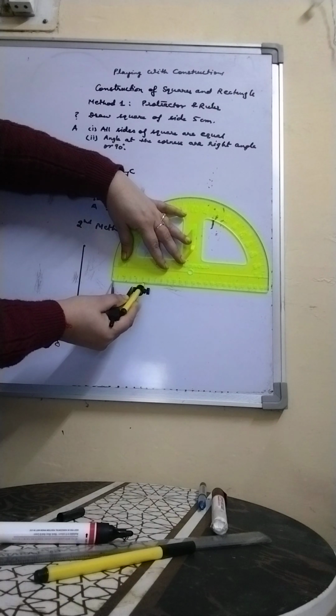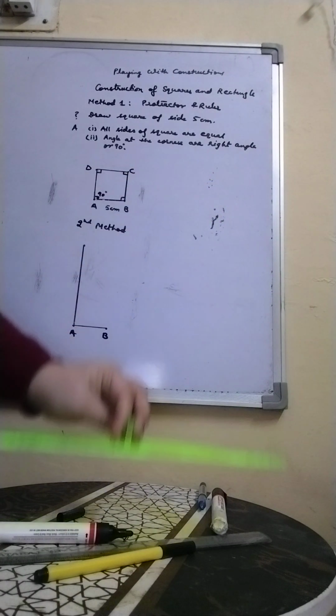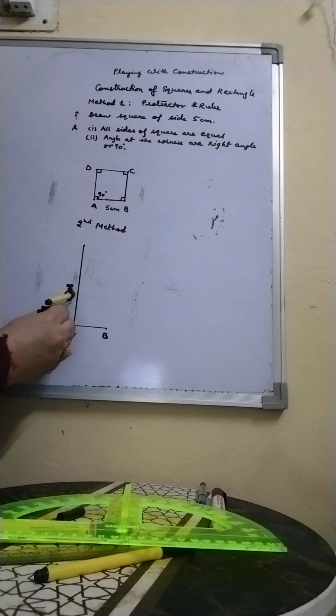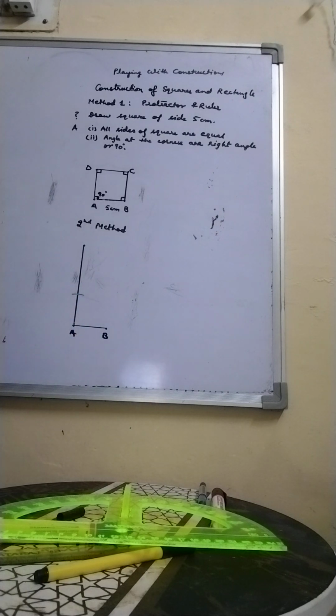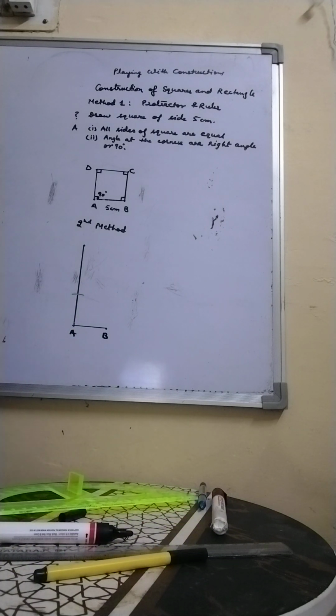So you would open the compass, you would put the compass at the vertex A and draw an arc. What is this called as? This is called as arc. Okay, a small arc you make over the line. Now this is my next vertex.